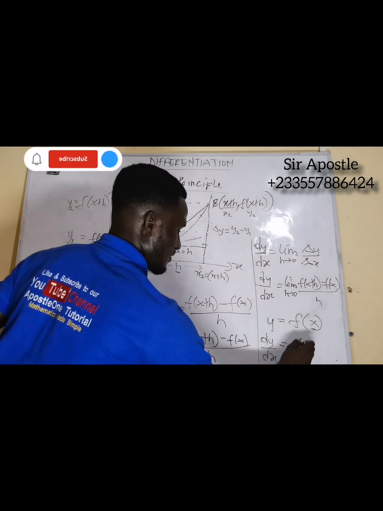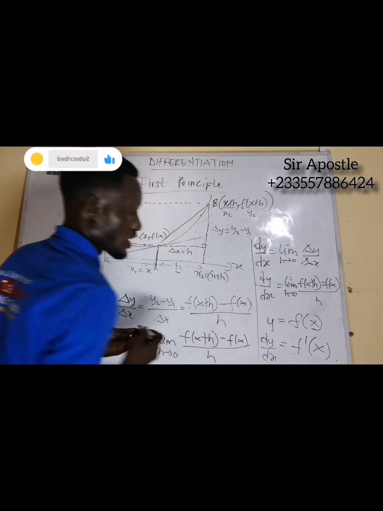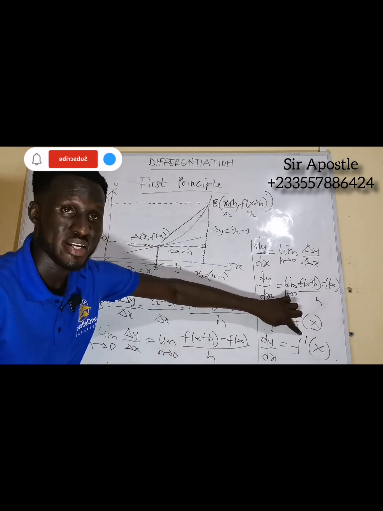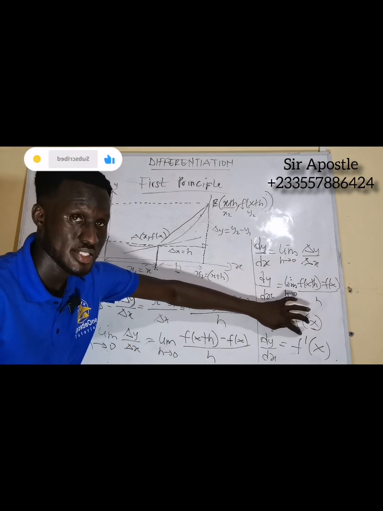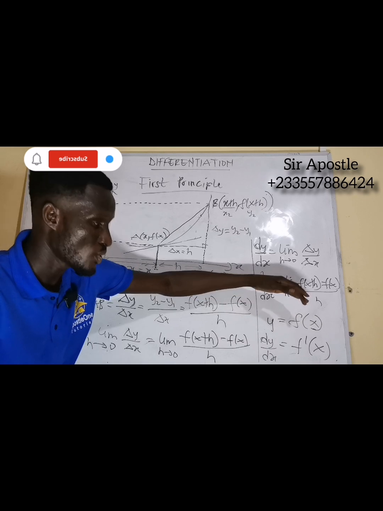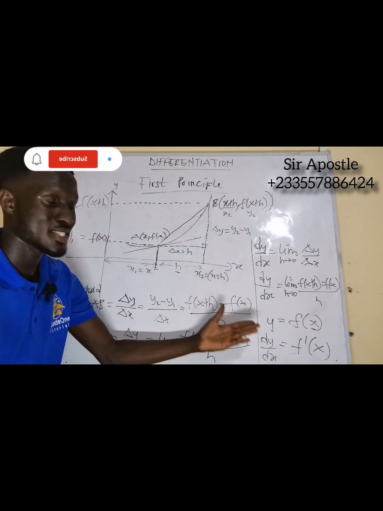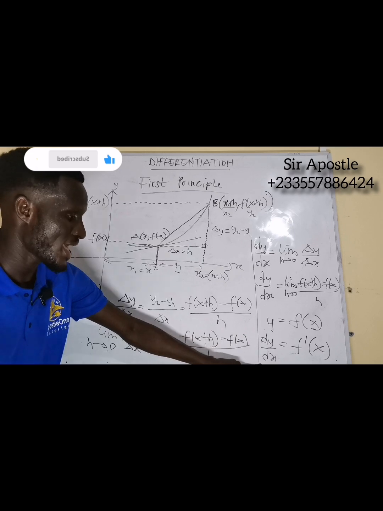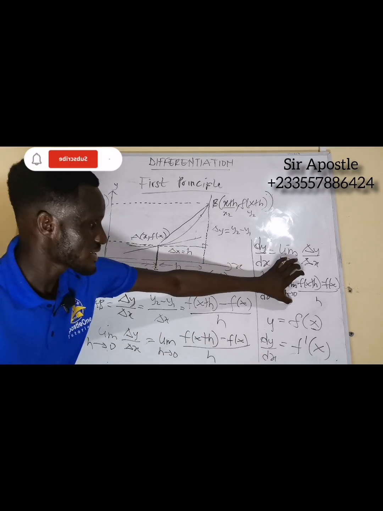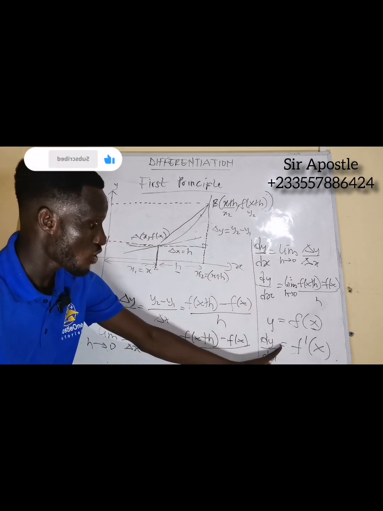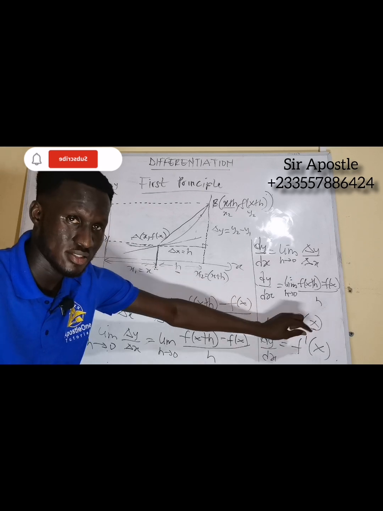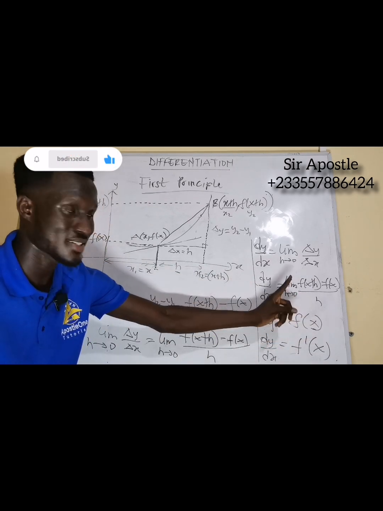It's the same as differentiating f of x. You bring the prime here. So when you bring the prime here, it shows first derivative. We're going to talk about second derivative. So we are going to use this one. If the function is given in the form of y, we can make it dy dx, which is the same as this, or f prime of x, which is the same as this.